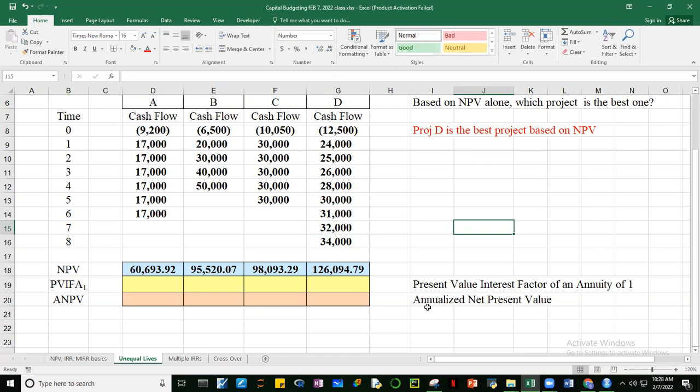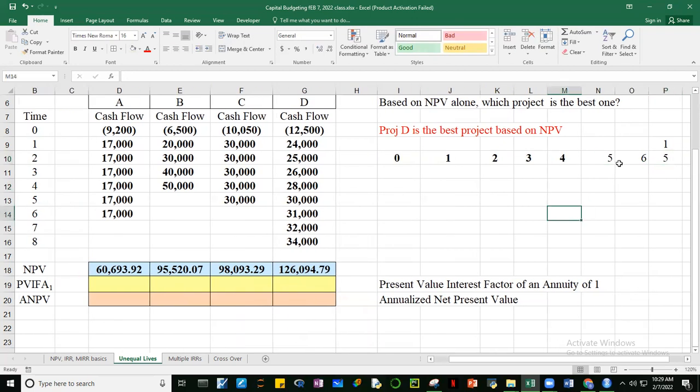How do we compute for the annualized NPV? We need to compute for the annualized NPV by getting the present value interest factor of an annuity. Okay, so what's that? Ano tong PVIFA na to? Okay, for example, si Project A, no? So meron siyang 0, 1, 2, 3, 4, 5, 6.